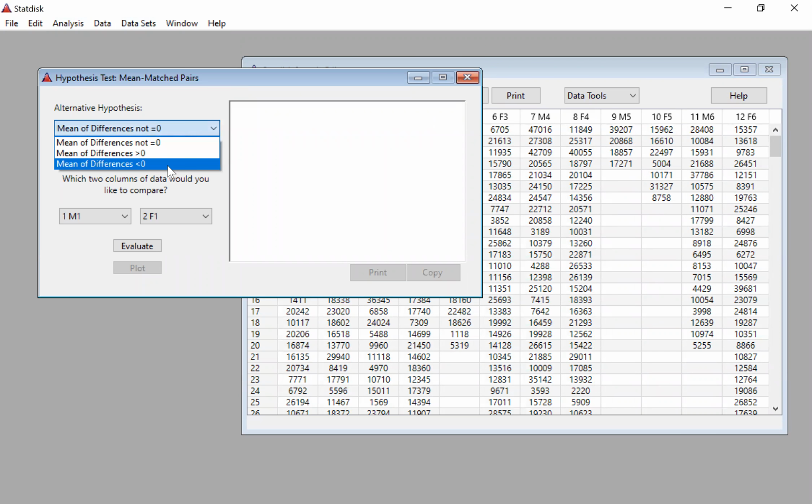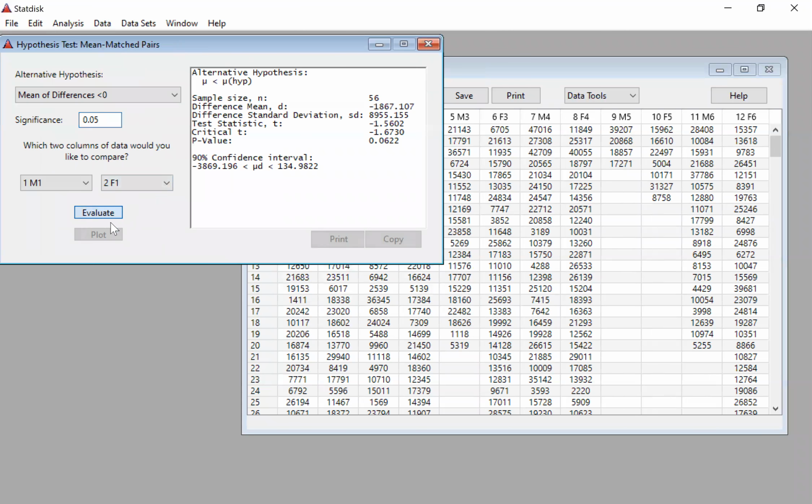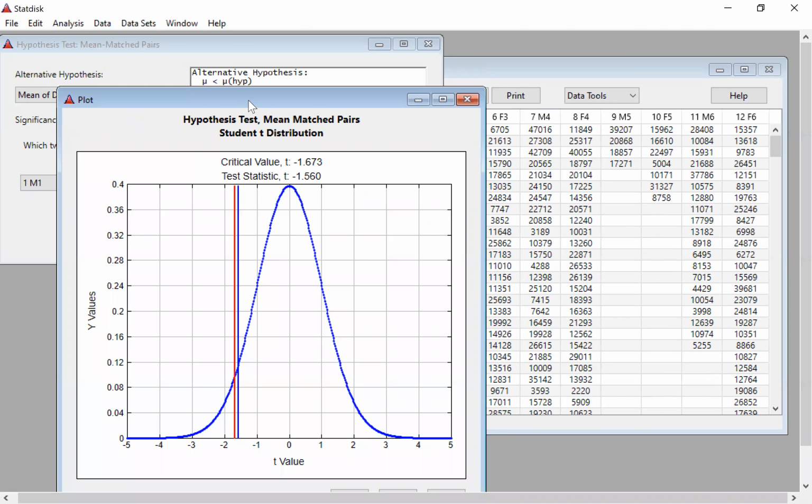Ours is the mean of differences less than 0. Our significance level is 0.05, and we're in luck that our first sample is already column 1 and our second sample is already column 2, exactly what we wanted. So we're ready to hit evaluate and plot.